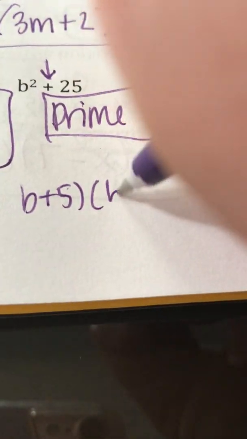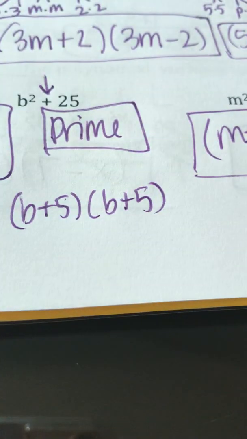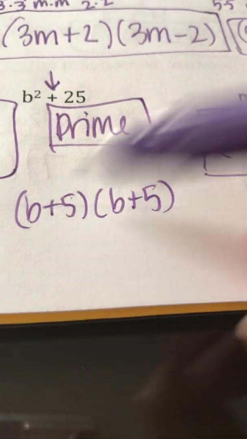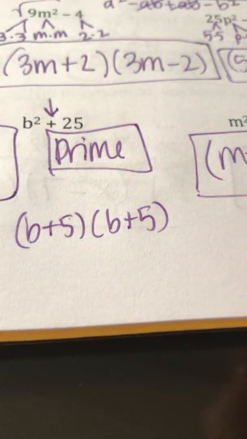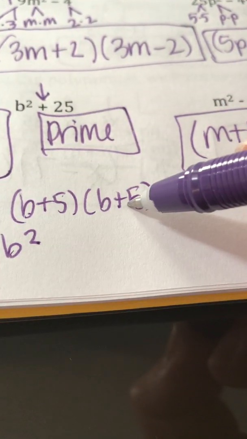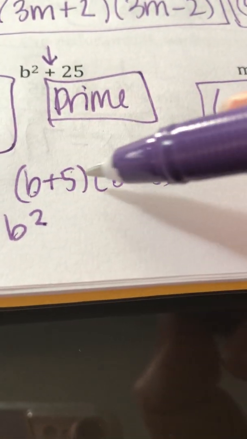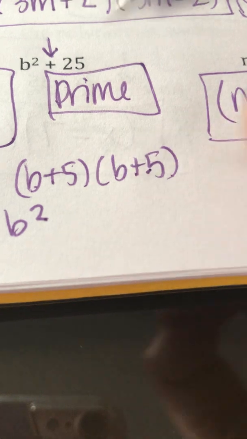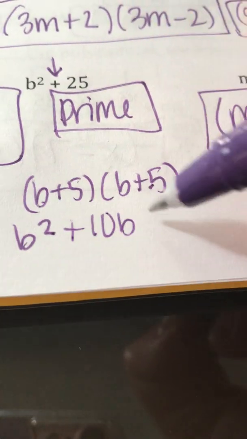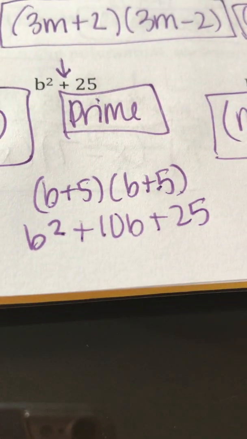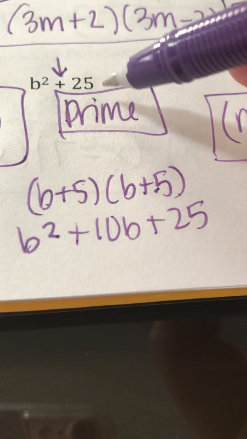Now you might have done b plus 5, b plus 5. If you did this and you checked it with multiplication, you would see b times b is b squared. B times 5 is positive 5b. B times 5, positive 5b. That's plus 10b, and then plus 25. Okay, that's not the same thing.